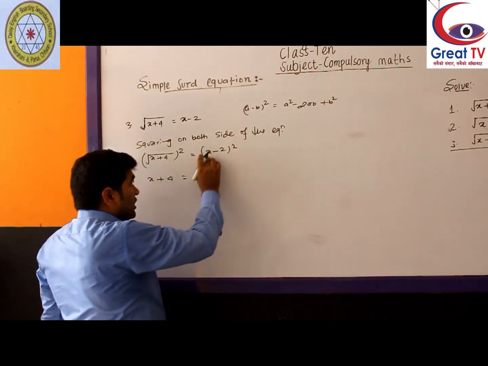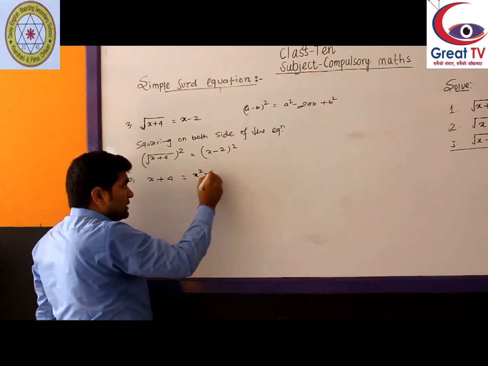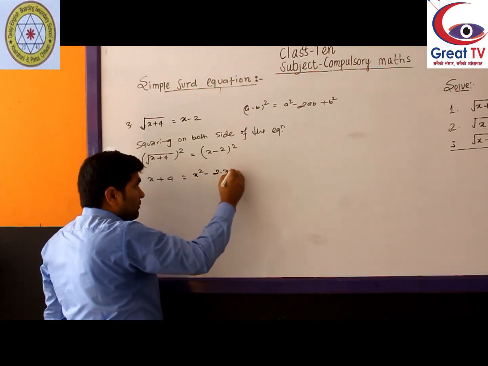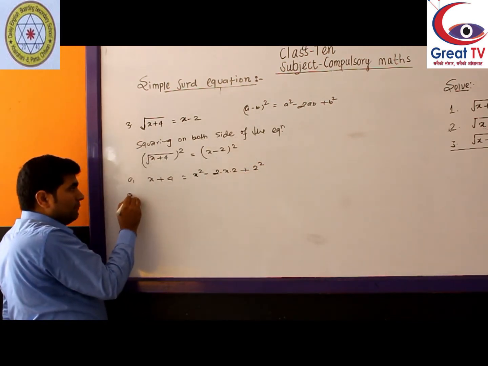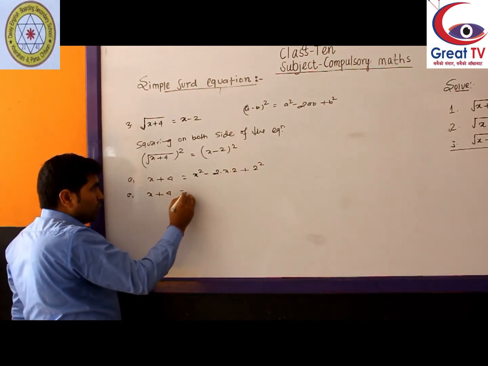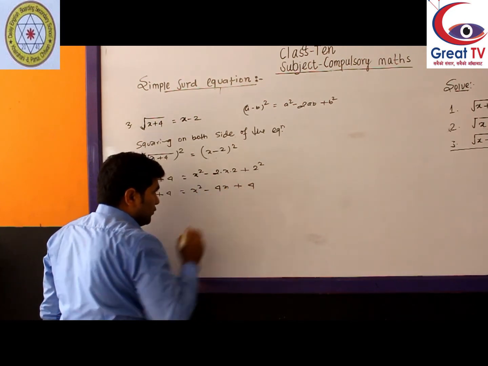Students, here a means x and b means 2. A square is x square, minus 2ab plus b square, so x plus 4 equal to x square minus 4x plus 4.